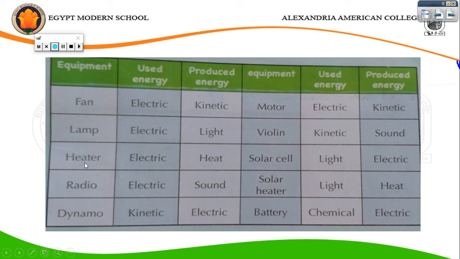In the heater, heat energy from electric energy. A radio, sound from electric. Dynamo, electric from kinetic. A motor, kinetic from electric. Violin, sound from kinetic. Solar cell, electric from light. Solar heater, heat from light. Battery, electric from chemical.